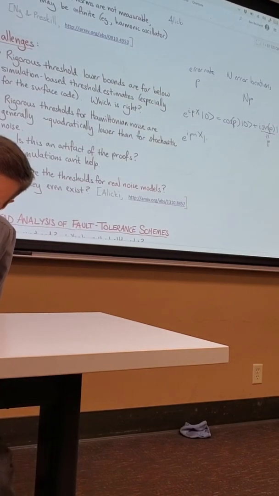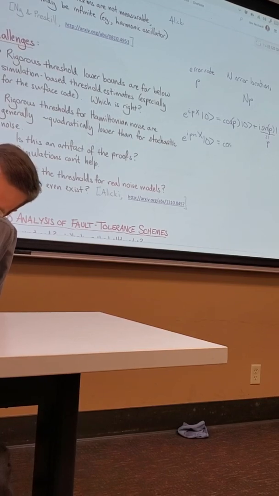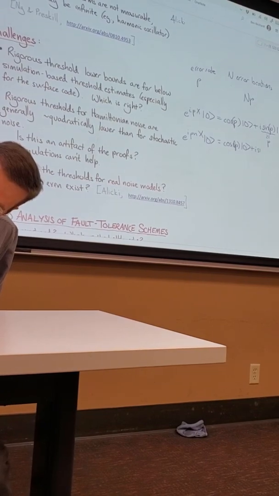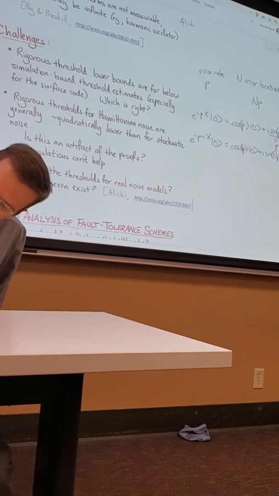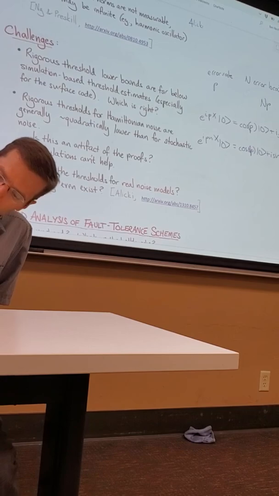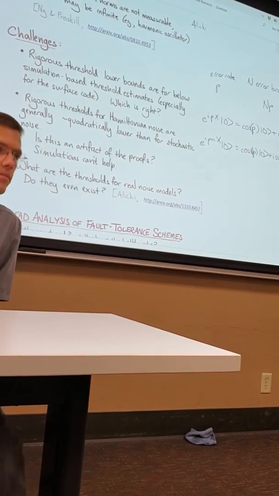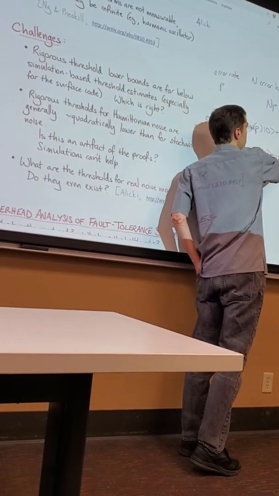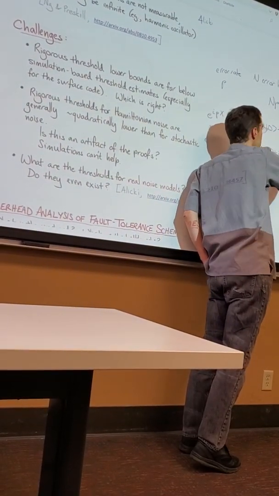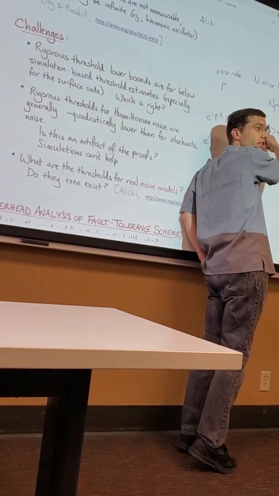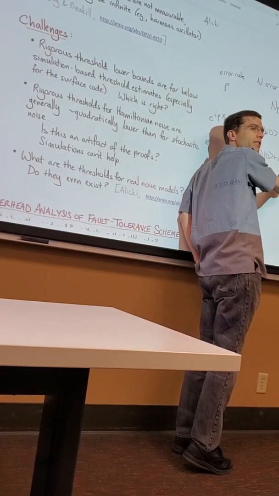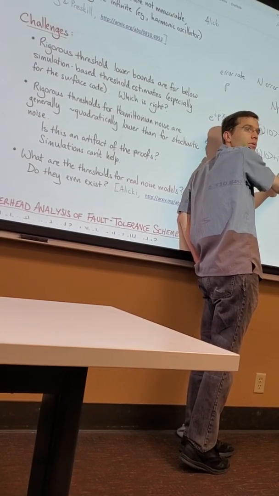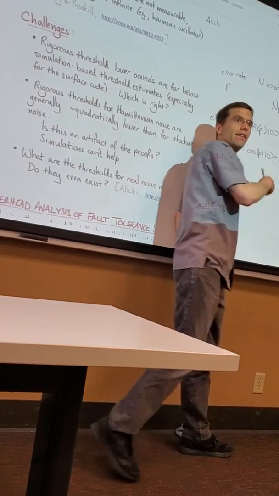On |0>, I get cosine np |0> plus i sine np |1>, and sine np is roughly going to be np. But you see, if you look at the amplitude of being in |1>, here it's p, and if you measure it, here you get p squared, whereas here you get n squared p squared. And so the error rate is actually growing like n squared times this, and that's the bad thing.